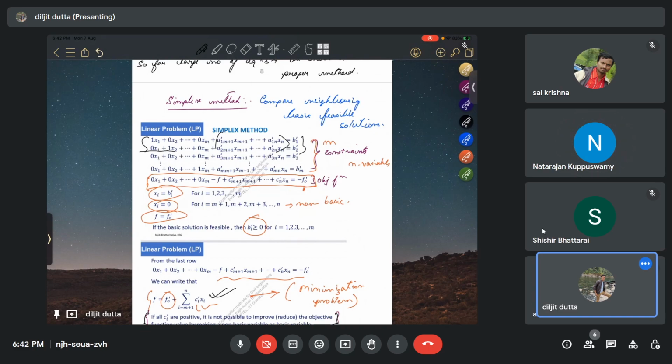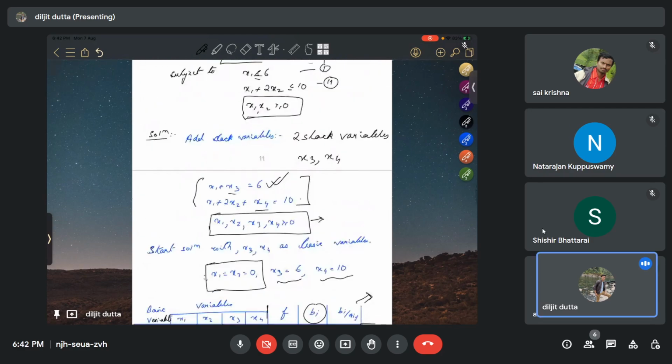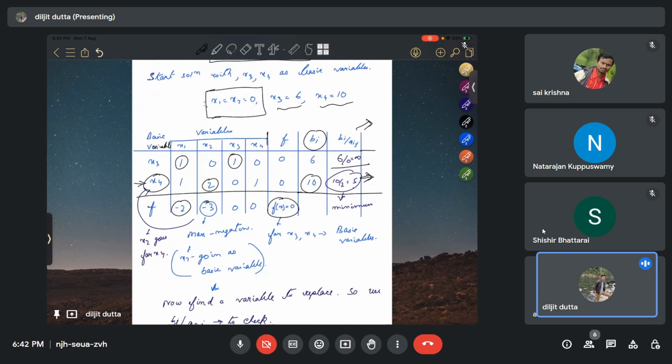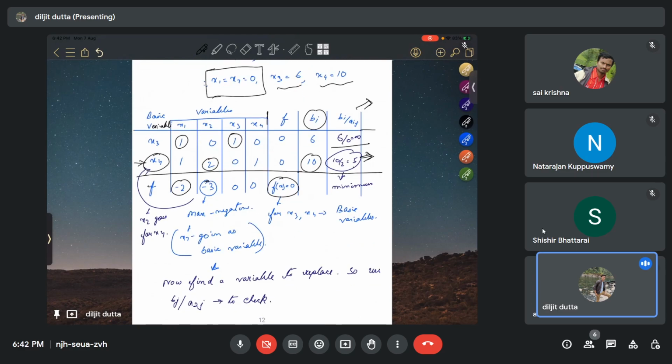But once x2 goes into the basic solution, here it went in the second equation, so the coefficient of x2 in the first equation should be equal to 0. So we do the row operation in such a way that the coefficient of x2 is 0 in the first equation and 1 in the second equation. For the first equation, we already saw that the coefficient of x2 is already 0, so we need not do any row operation on the first row. We only need to divide the second equation by 2 to get the coefficient equal to 1 for x2. Okay, clear?